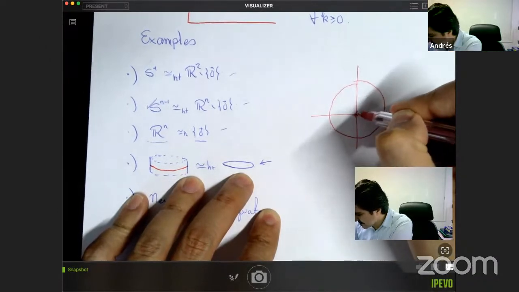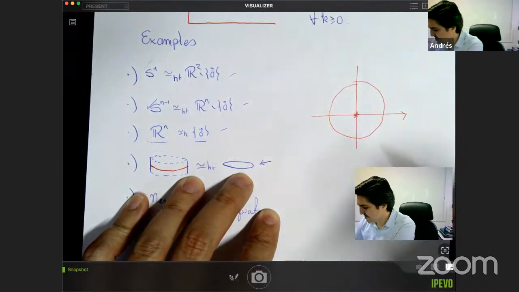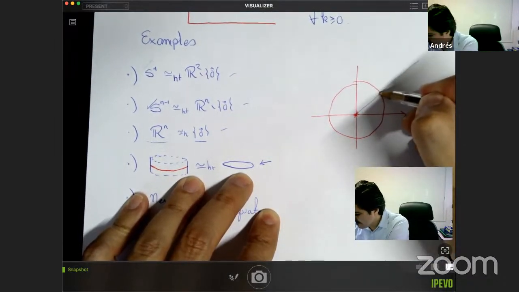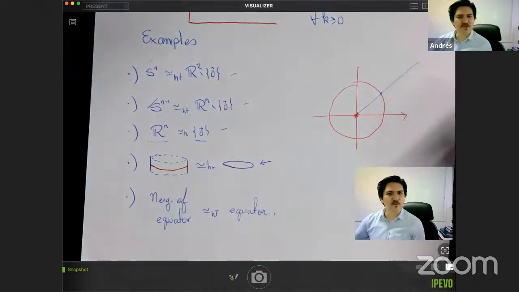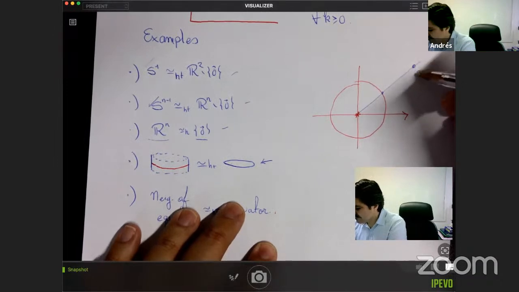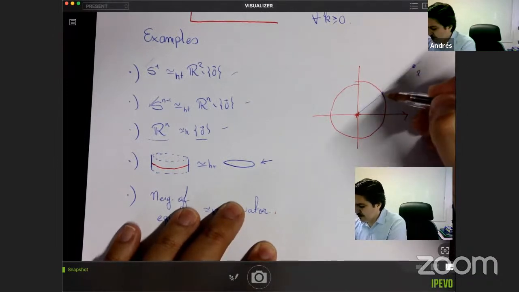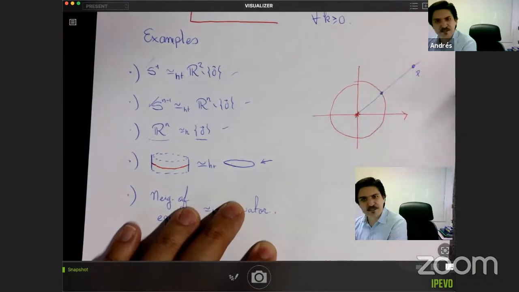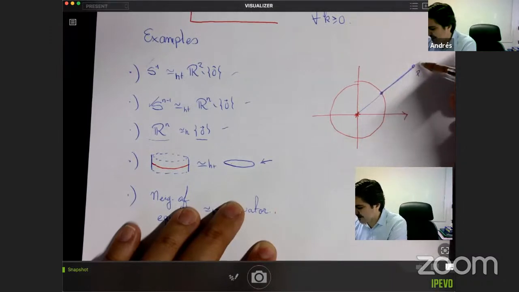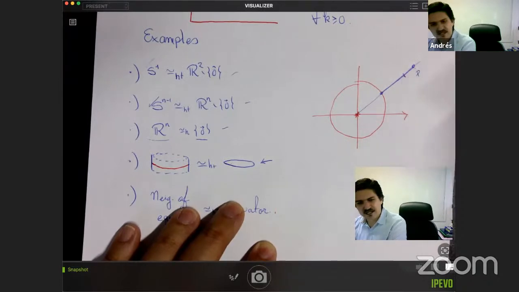And what was the map that we used? We took any point and then looked at the unit vector in the same direction, and we parameterized this segment. The homotopy was, at time 0, I'm here. At time 1/3, I'm here.